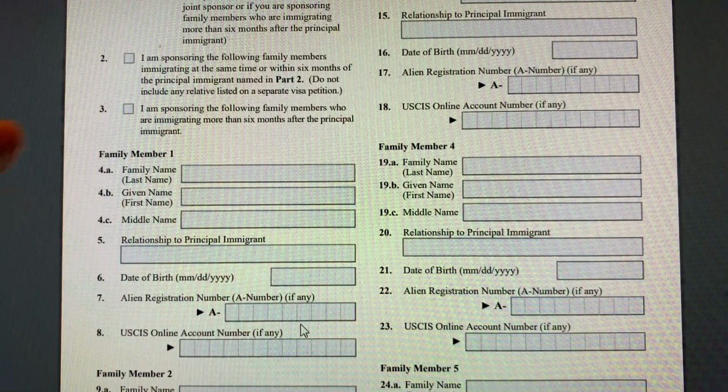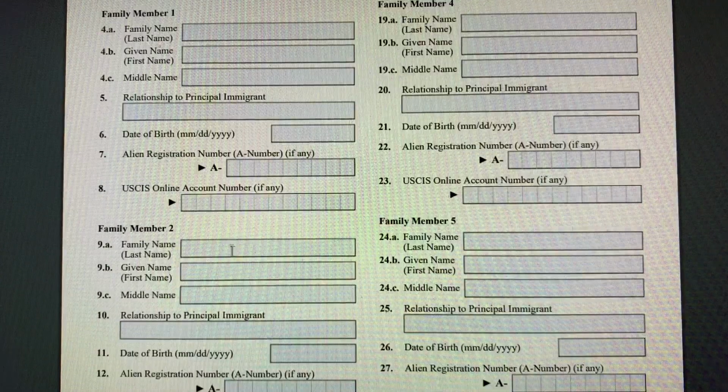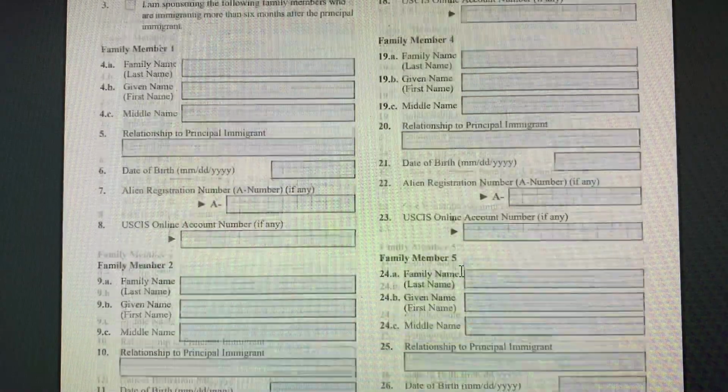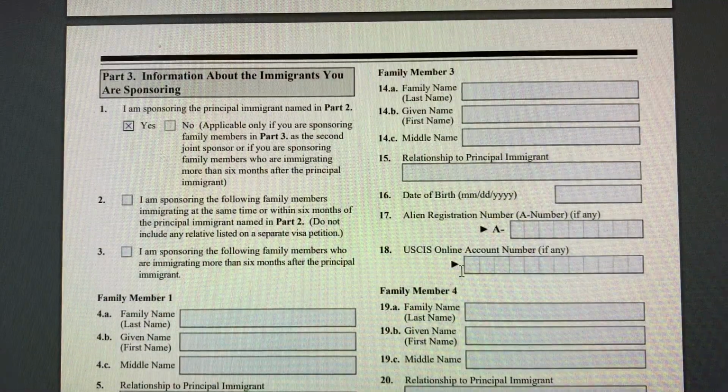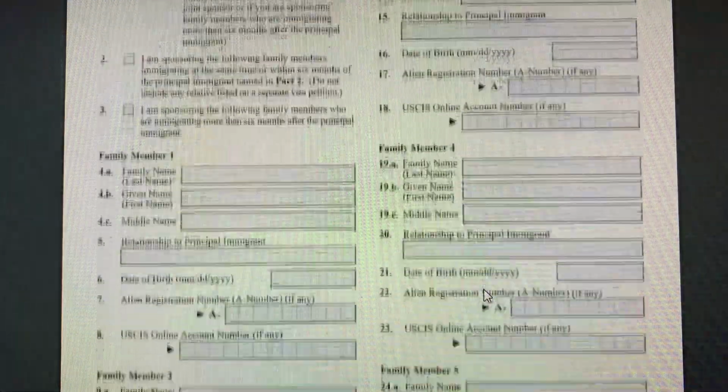So these slots are for other family members: family member 1, family member 2, members 3, 4, and 5, so up to 5 persons. Remember, this is in my case, because I went through the K-1 fiancé visa. It doesn't reflect every kind of visa. This is just my case.